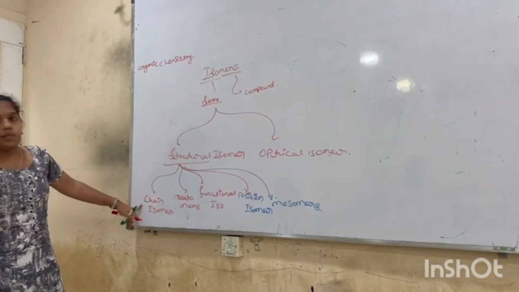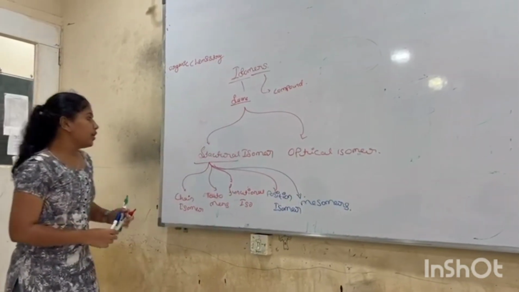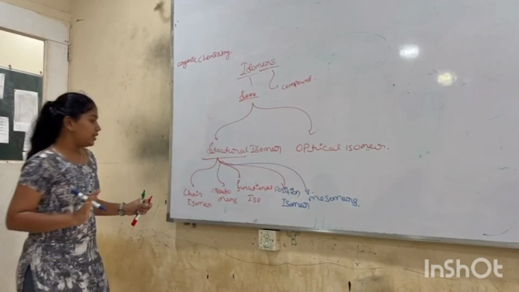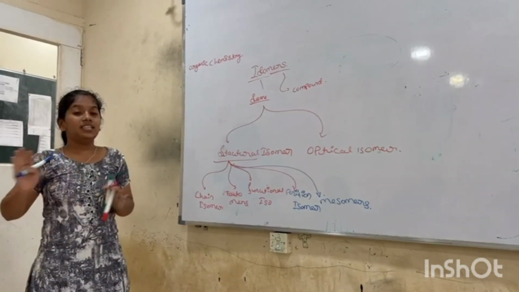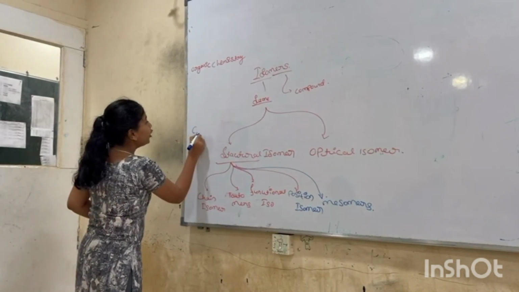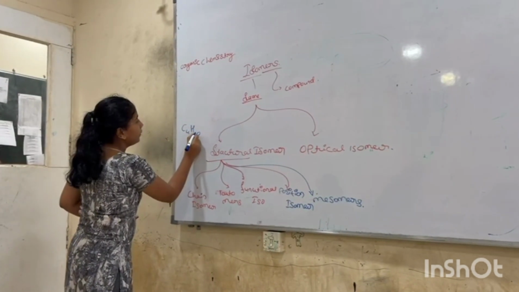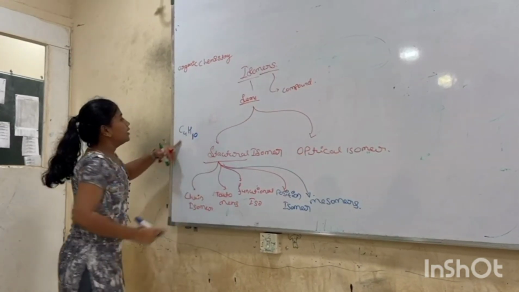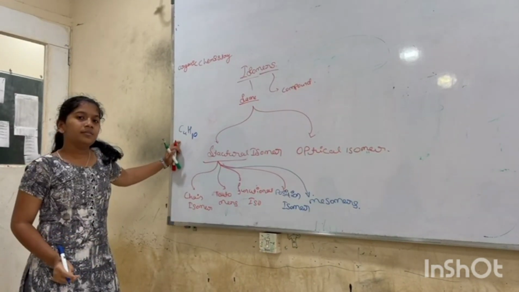In chain isomer, their parent chain is different. For example, C4H10. This name is butane.